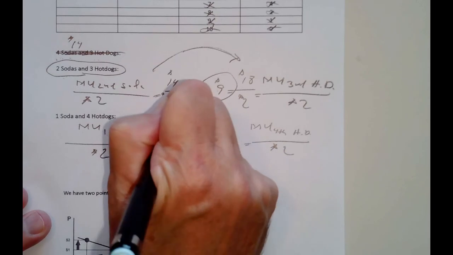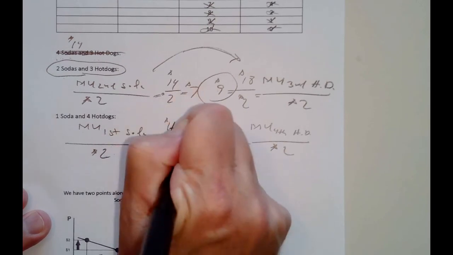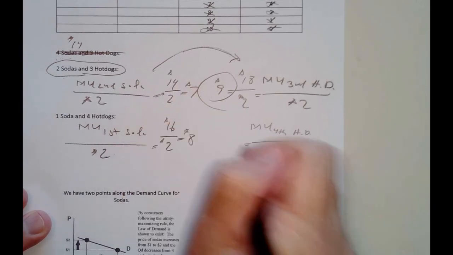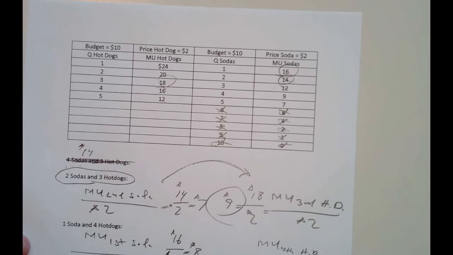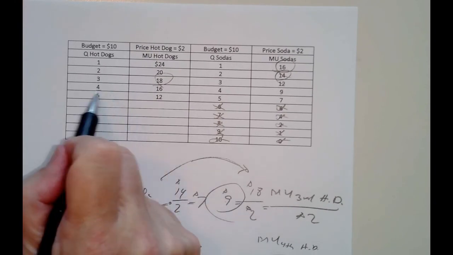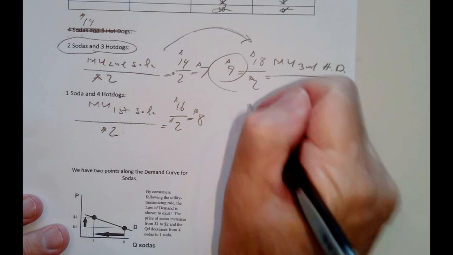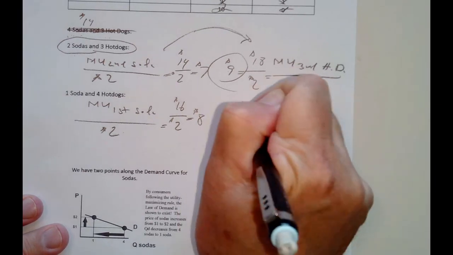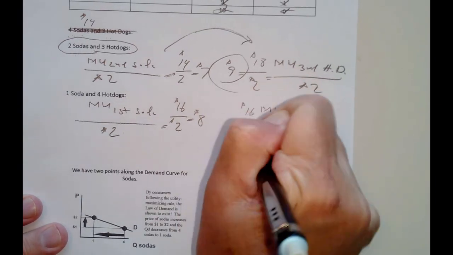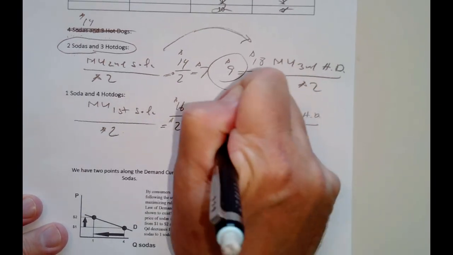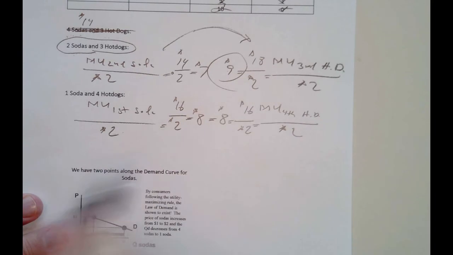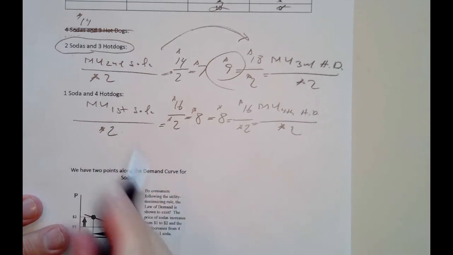Divided by 2 is 8. And then here we also have 16, 4th hot dog, 16. 16 divided by 2 is also 8. They're equal. It meets a condition of the utility maximizing rule. And so this combination of 1 soda and 4 hot dogs is the best.